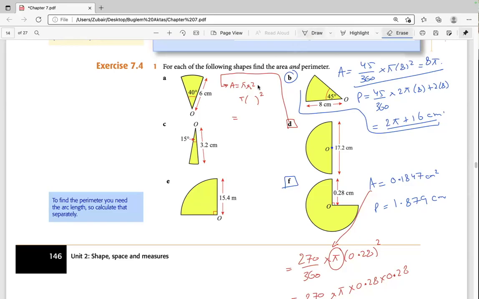I mean, no, 116 pi? 116, that's it. That one is 6, and this is 17.2 by 2. That was centimeter square, and then the circumference or the perimeter.